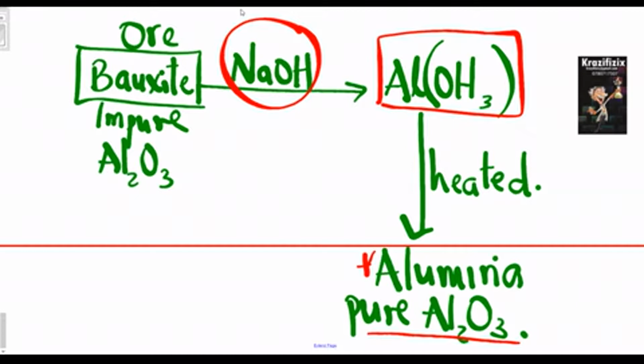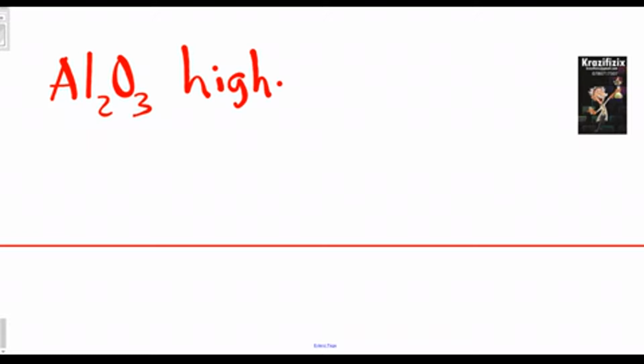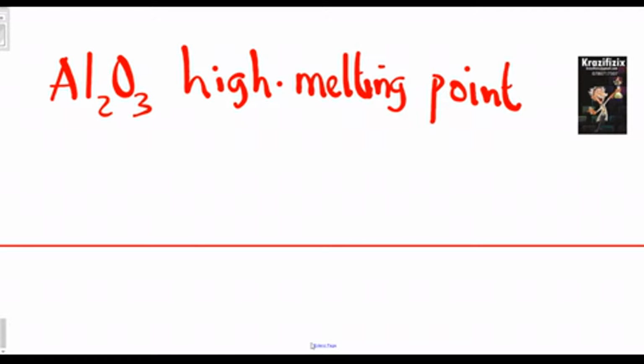All right. Now, the process is not yet completed. It's quite long, but we're almost done. Alumina. Now, what do we do with alumina? I want you to know that aluminium oxide, or alumina, has a high melting point. Since it has a high melting point, what is the economic impact?